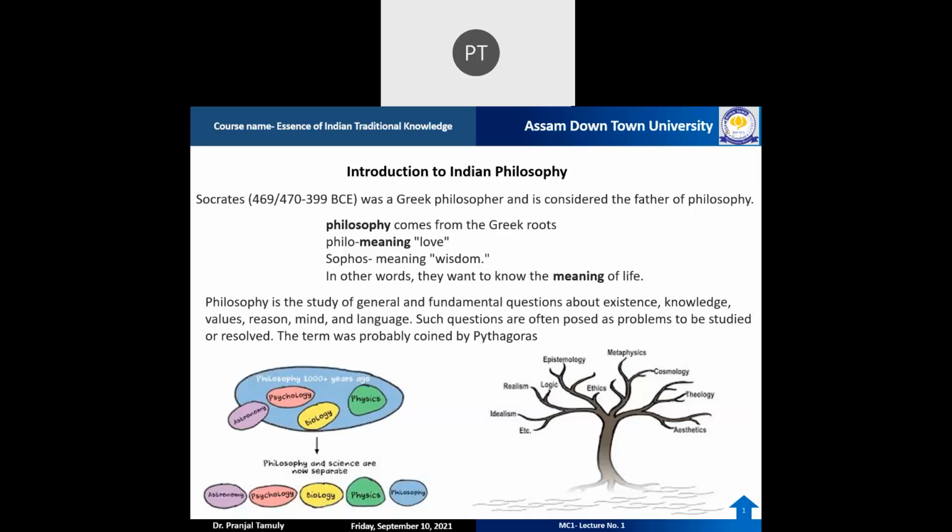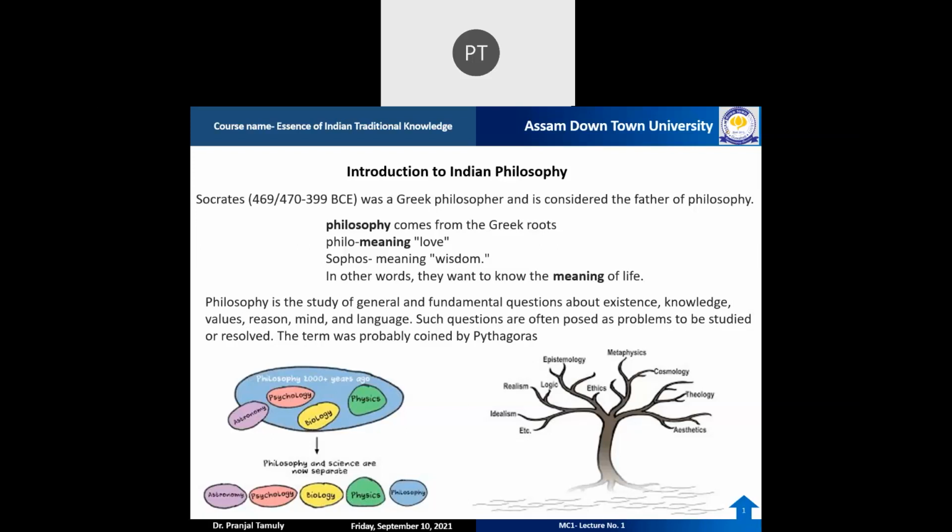One interesting fact about Socrates is that he did not write anything down. Whatever lessons we get from Socrates were written by one of his famous disciples, Plato, who wrote all his dialogues and lessons in written form.